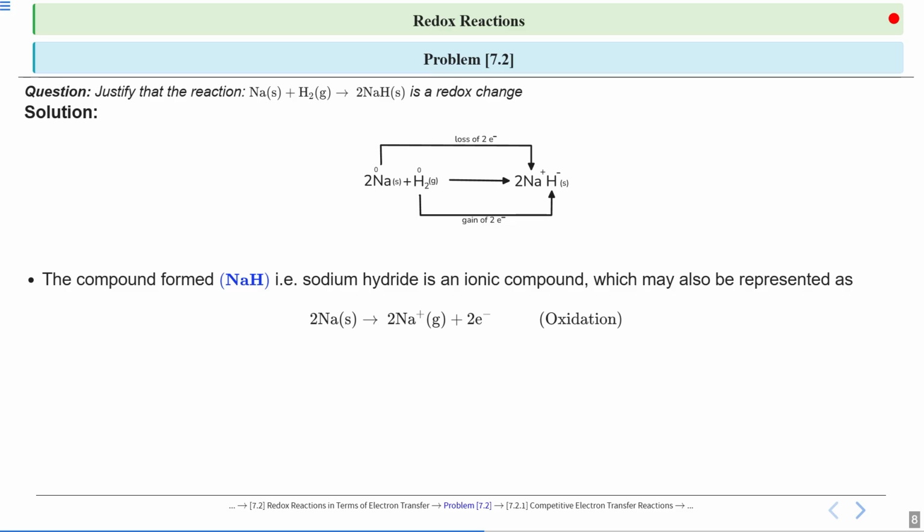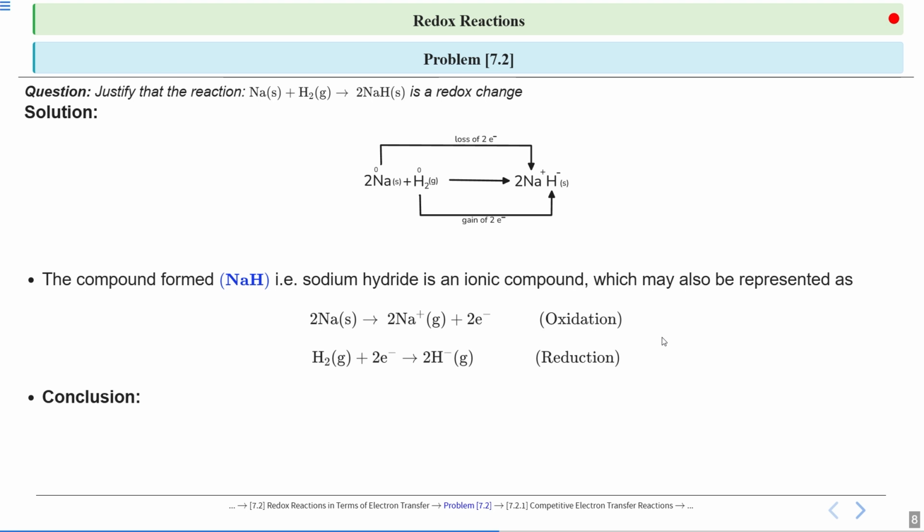While if we look over to the reaction of hydrogen, hydrogen gains 2 electrons, then forms 2H negative, and this particular gain of electrons is considered as a reduction reaction. So these are the two aspects of redox change in this provided chemical reaction. The first one is the oxidation one, while the second one is reduction.